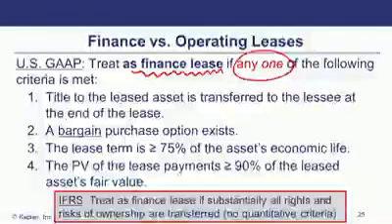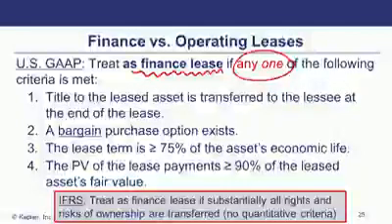This simply means the lessee can buy the asset below the asset's fair value at the end of the lease's term. Number 3, essentially you're leasing the asset for 75% or more of its useful life. And number 4, the present value of the minimum lease payments is greater than or equal to 90% of the fair value of the leased asset.